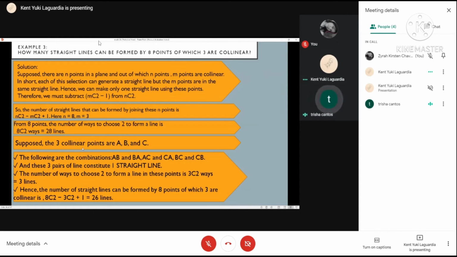These three pairs of lines constitute one straight line. The number of ways to choose 2 to form a line from these points is 3C2 equals 3 lines. Hence, the number of straight lines that can be formed by 8 points of which 3 are collinear is 8C2 minus 3C2 plus 1 equals 26 lines.